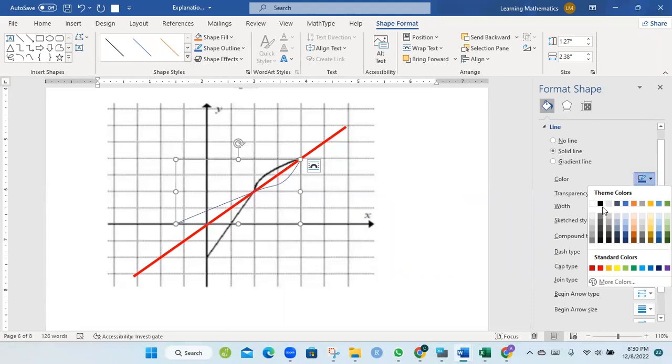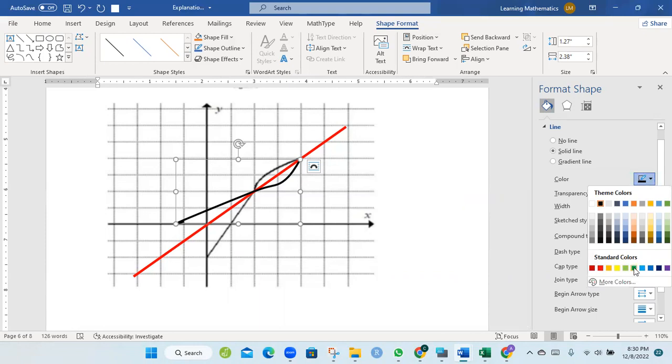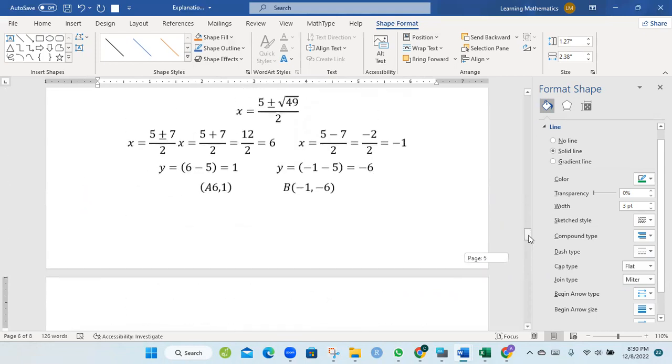Color code it. So as you can see, it is doing the opposite to the original graph. And that's the mirror line. Y is equal to x is actually the mirror line.